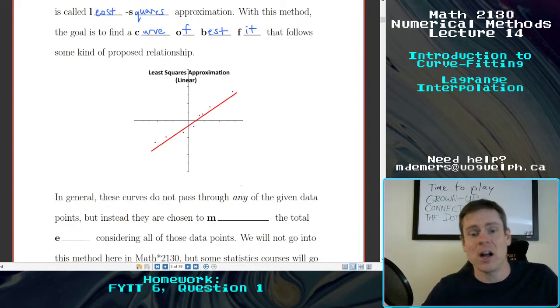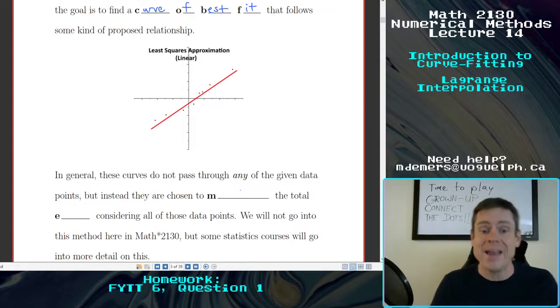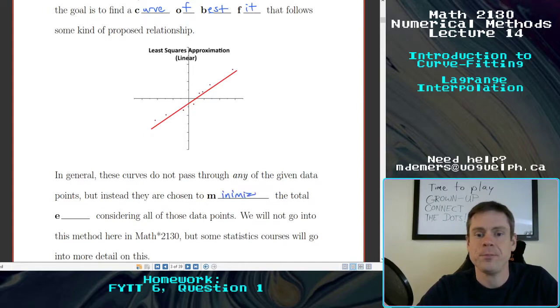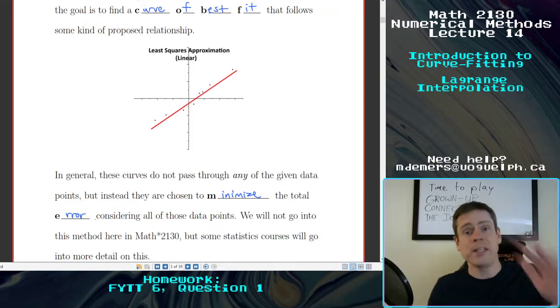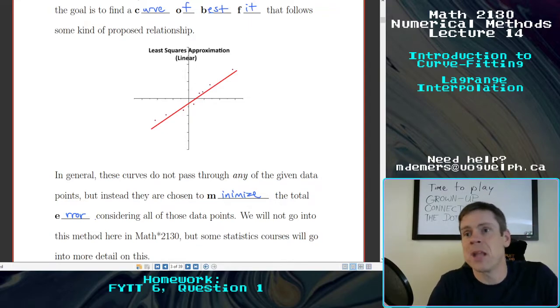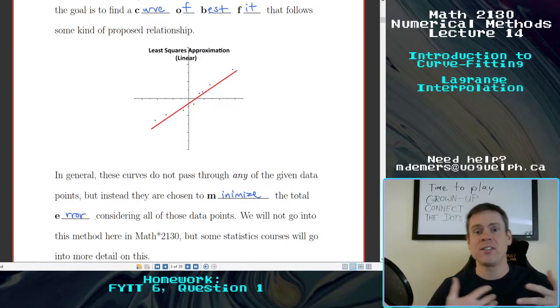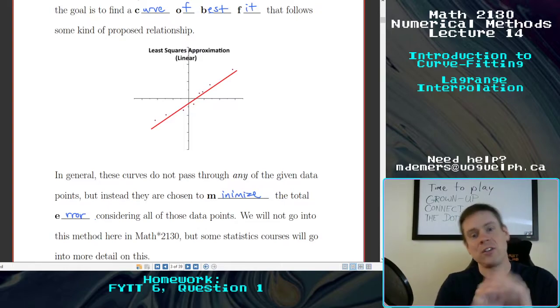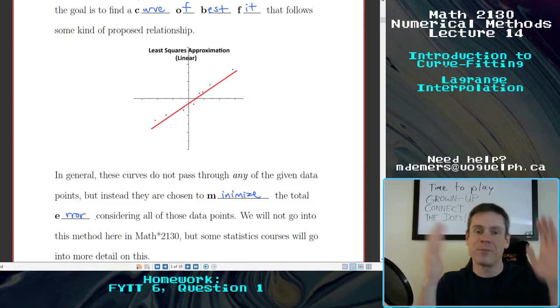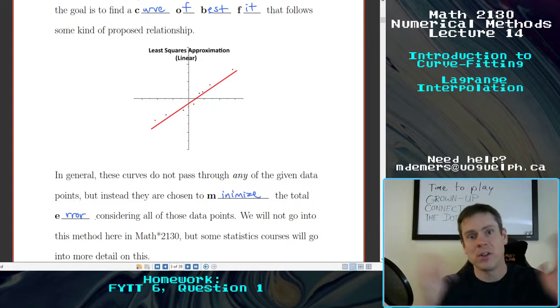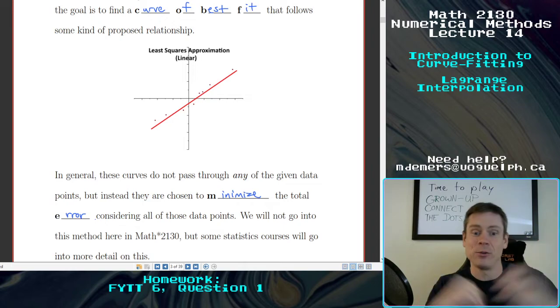So in general, curves like this do not pass through any of the given data points, but instead they're chosen to minimize the total error considering all of those data points. These are really useful curves. But as I said, many of you are already learning how to construct these things in other courses. So I just want this to be a background of some things that we could have talked about here in related news.